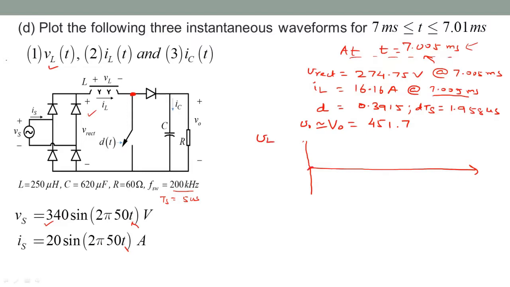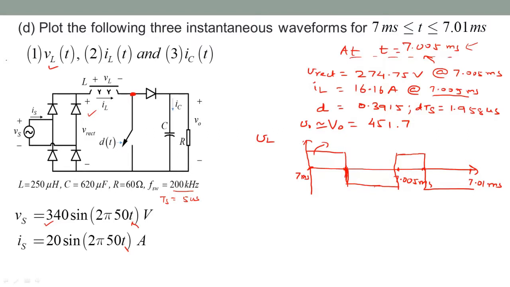This point is 7 milliseconds, this would be 7.005 milliseconds, and this would be 7.01 milliseconds. Okay, and then let's say this is your dTS period. dTS again, positive voltage here, which is Vrect, and negative voltage. It's a continuous line. Then positive again. So that will be the VL waveform, and we need to determine these magnitudes.